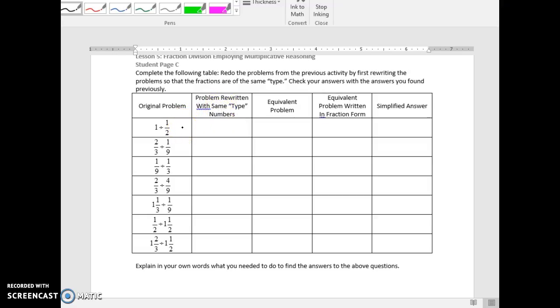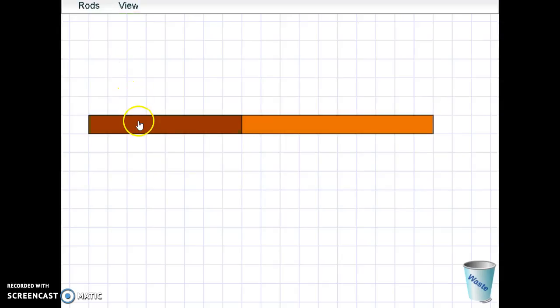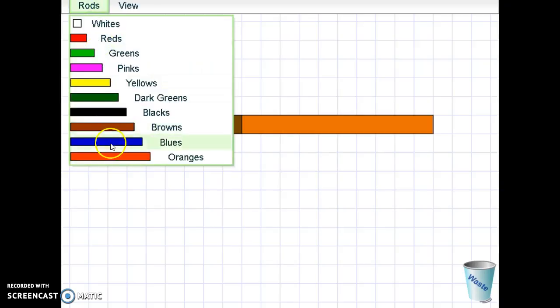So we want to look at 1 divided by 1/2, but we want to do that in terms of the Cuisenaire rods. Here's 1. The first thing we want to do is put them into the same type.